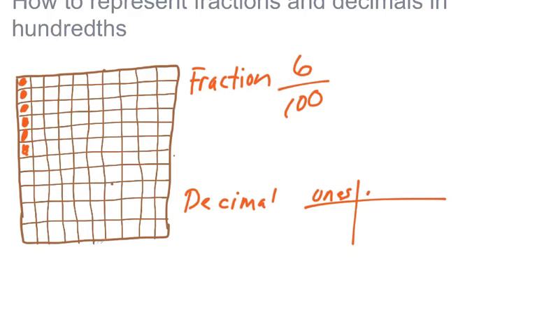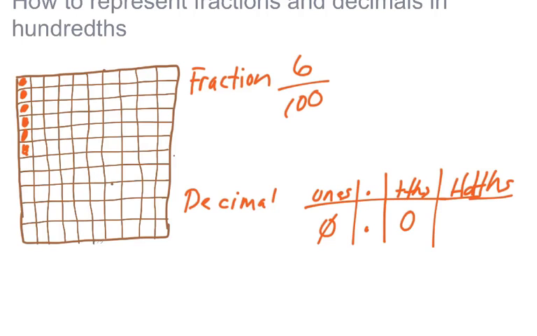Ones, my decimal point, tenths, hundredths. And how do I write that? 0 ones, decimal, 0 tenths, and I have 6/100ths shaded in. And so every time we see one of these pictures, we always label both.